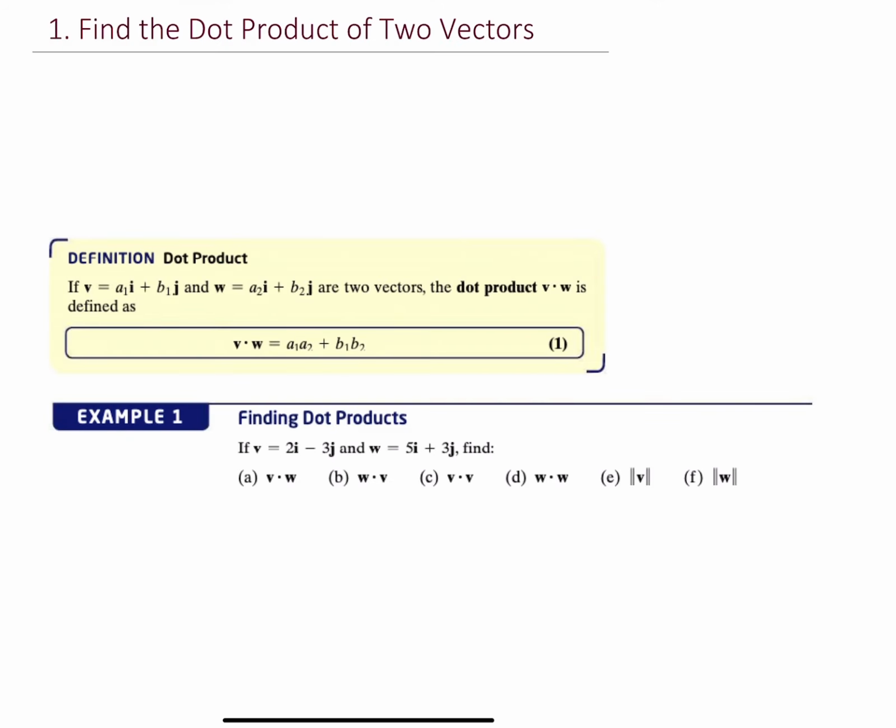So let's define this operation called the dot product. So we have two vectors v and w. Let's call v a1 comma b1 and w, which is a2 b2.